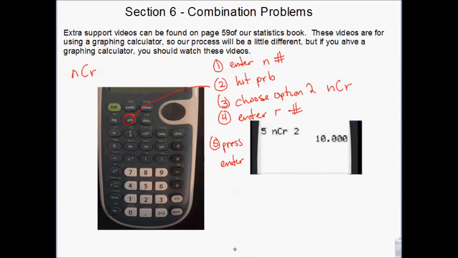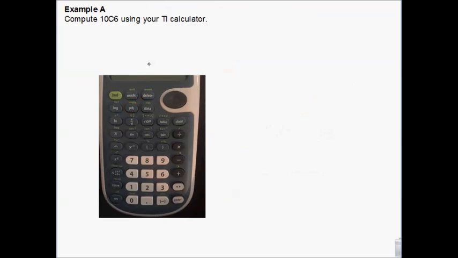Okay, so 10C6, whoops, I'm doing that backwards. 10 is little, C is big, 6 is little. So I'm going to enter 10. I'm going to press probability.